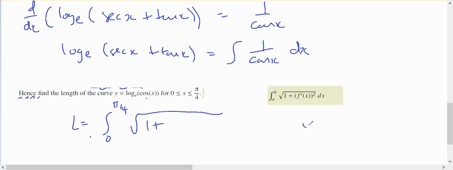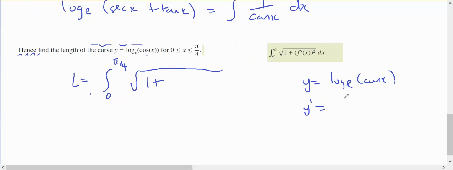So if y equaled log base e of the cos of x, its derivative will be 1 on the cos of x times negative sine of x, which is negative tan of x.